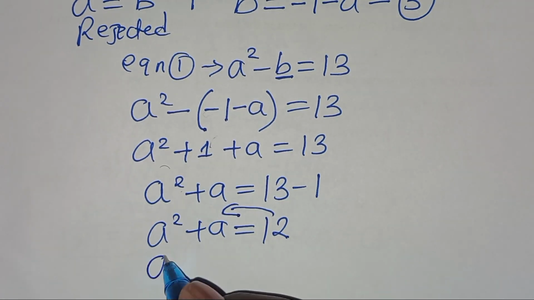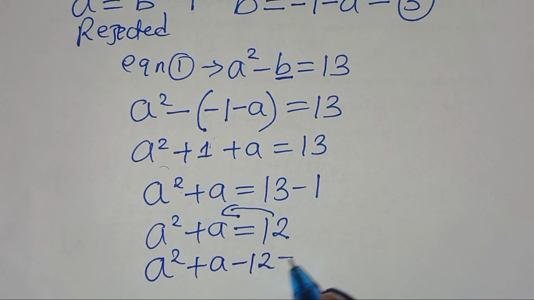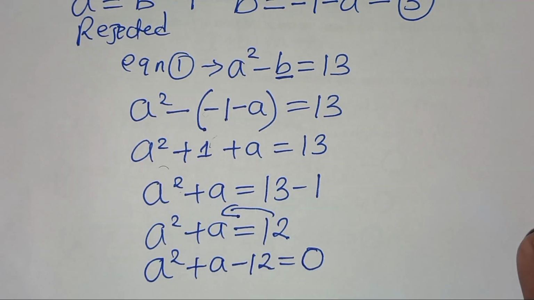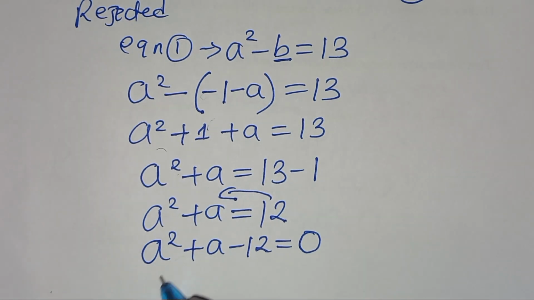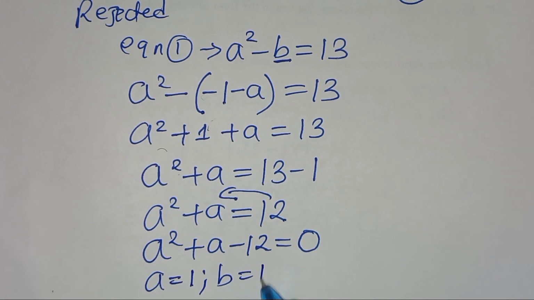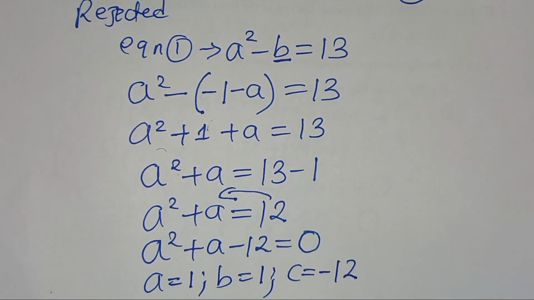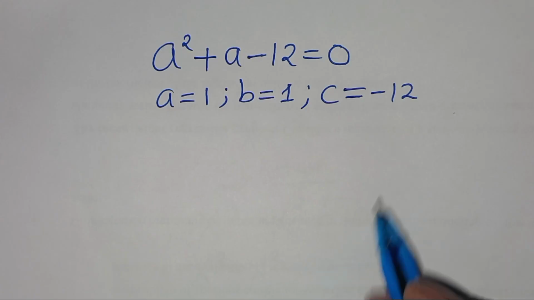So here we have a squared plus a subtract 12 equal to 0. So this is a quadratic equation with the value of a equal to 1, b equal to 1, and c equal to minus 12. So let's proceed from here.